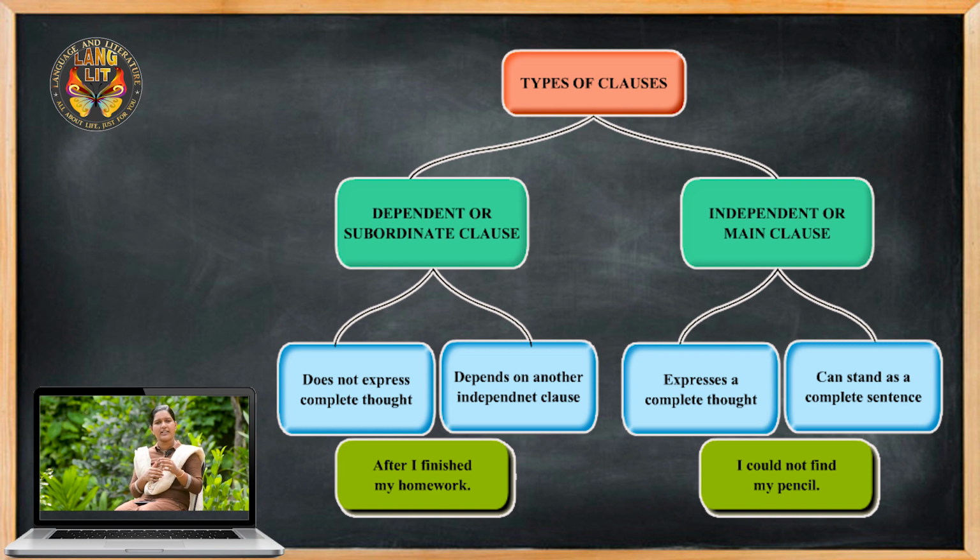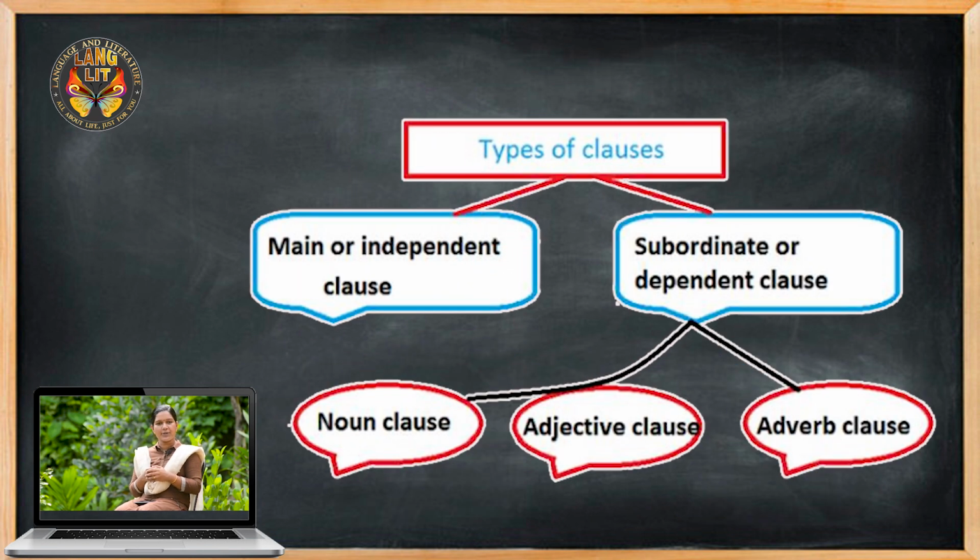Looking at the main clause, there is no further classification, but in the dependent clause we have three more classifications: noun clause, adjective clause and adverb clause. What a noun does in a sentence, the very same function is done by a noun clause.